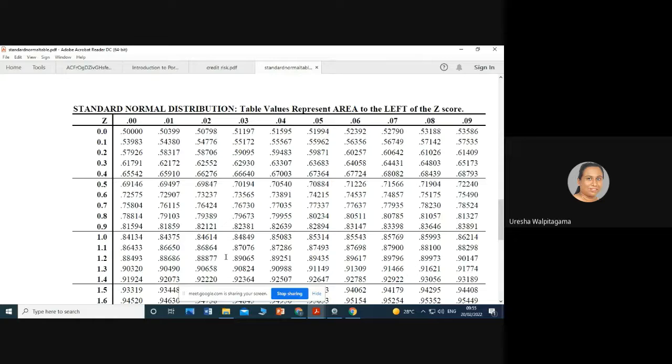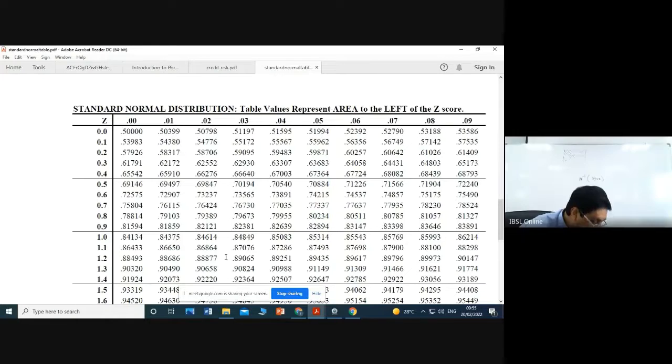Then we have to get that value, 1.23 minus 0.188. Yeah, right, correct.